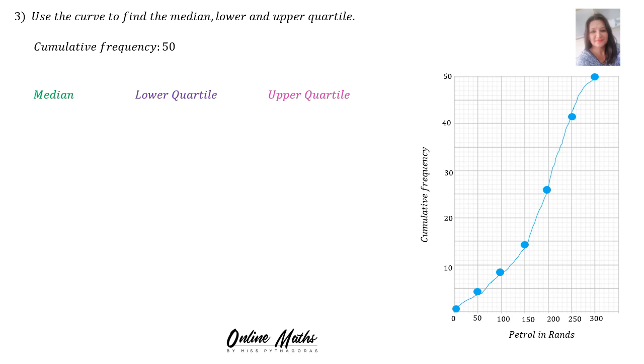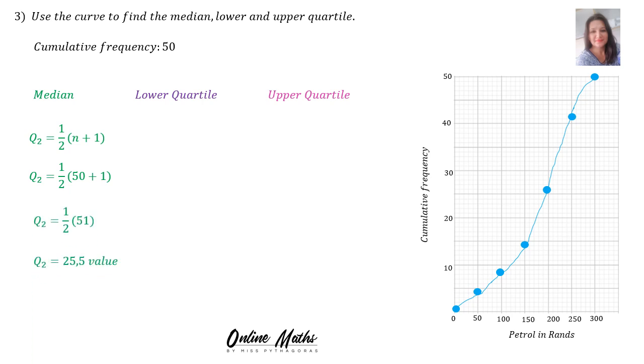Next question. Use your curve to find the median, the lower, and the upper quartile. Again, you need the cumulative frequency, which was 50. So for the median's formula, Q2 is equal to half times n plus 1. N is the cumulative frequency, which is 50. So it's half of 50 plus 1.